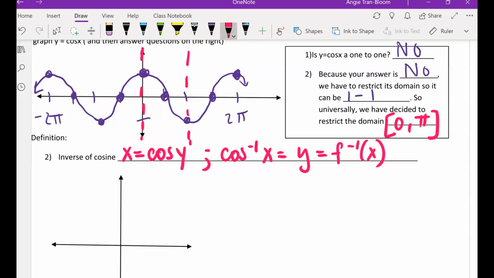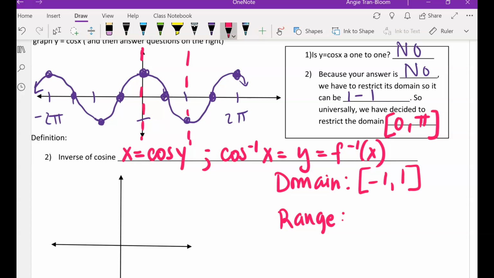Okay. We will also state the domain and range of cosine inverse. Let me ask you guys, what is the domain of cosine inverse? -1 to 1. Where did we get those from? From the range of our regular cosine. Okay.